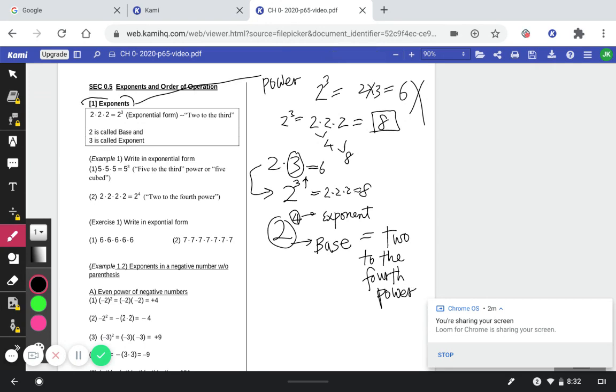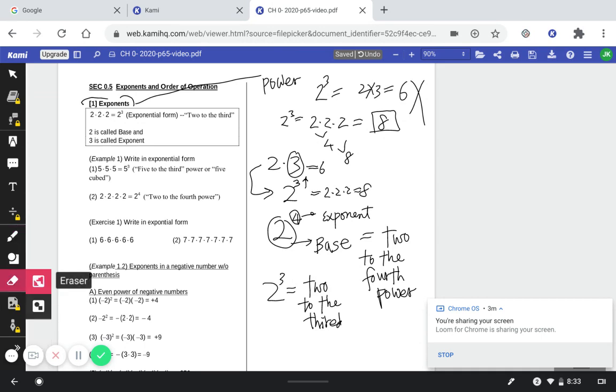So you read this as 2 to the third power, or simply say 2 to the third.